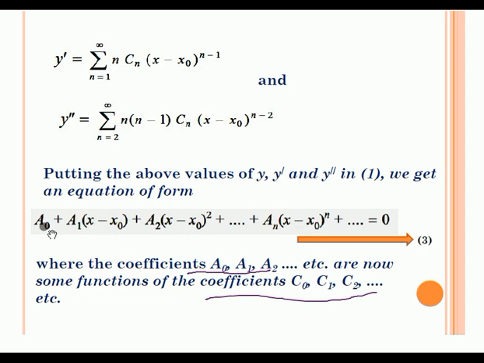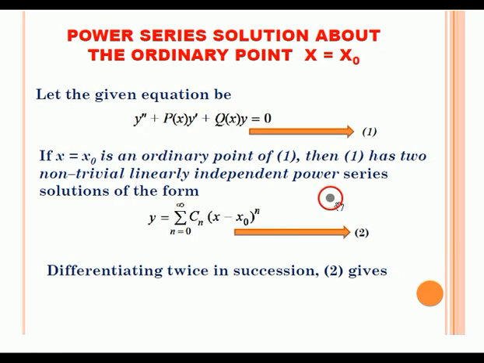Similarly A1 is a function of C0, C1, C2, and A2 is again a function of C0, C1. Now we equate all of these: A0 will be 0, A1 will be 0, A2 will be 0, A3 will be 0, A4 and so on. Then finally we will determine the value of C0, C1, C2. Once I know the C1, C2, C3 values, I will substitute here, and once I substitute, I will get the solution.